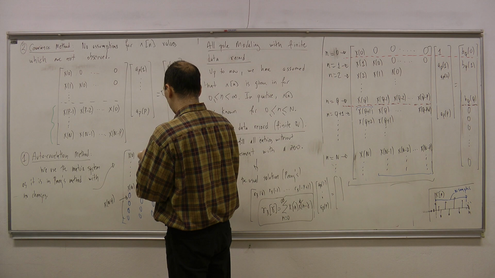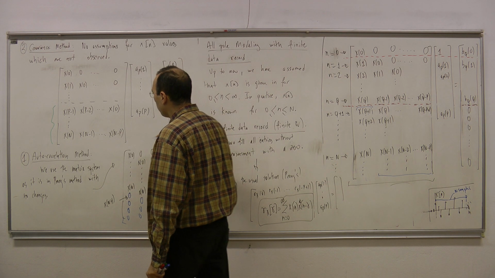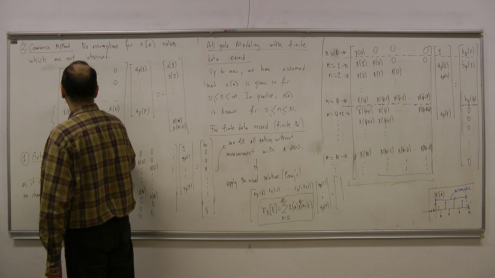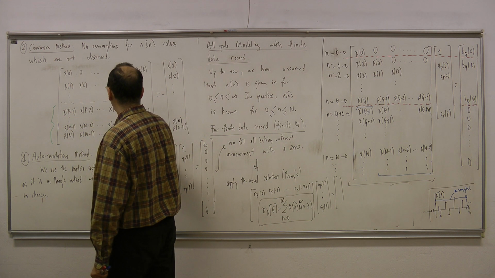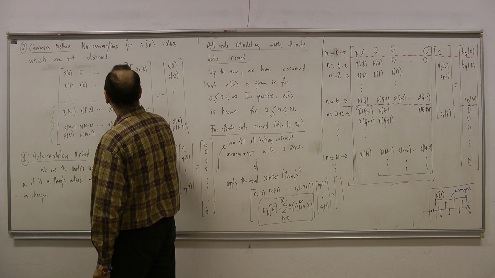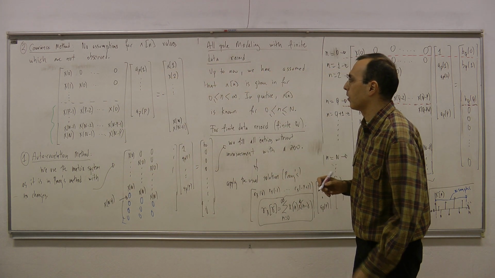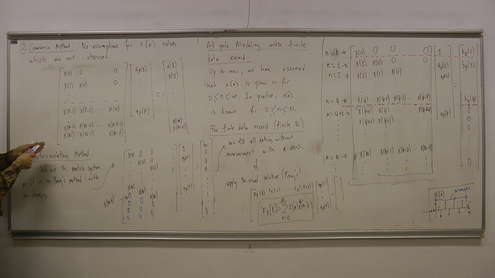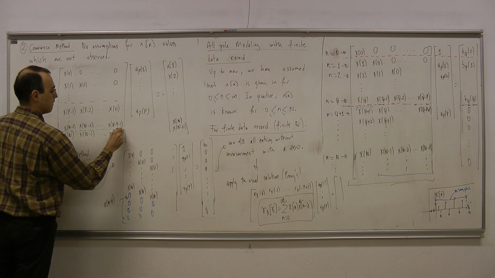I should maybe write a correction over here: x of n, x of n minus 1, x of n minus 2, up to x of n minus p, this is minus 1. So the covariance method uses in equation solving only this part of this matrix.